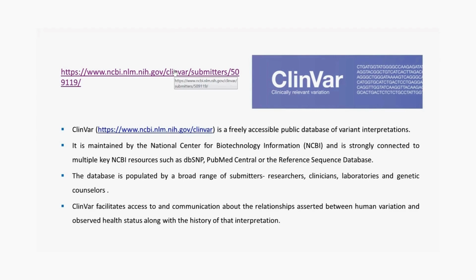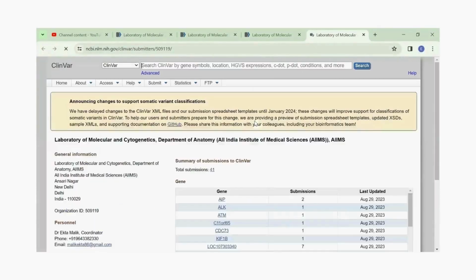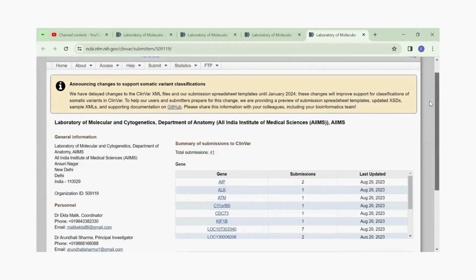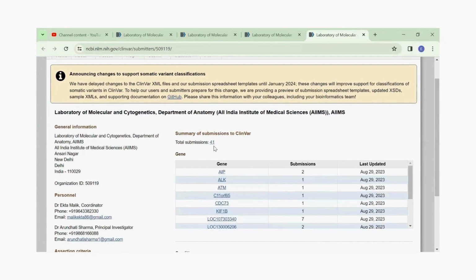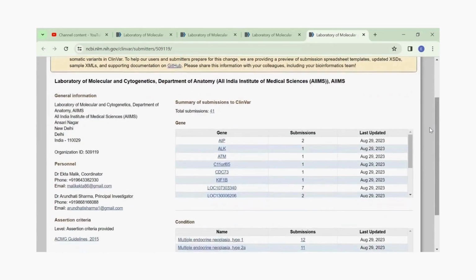Let me show you the variants which I have submitted in ClinVar. Okay, in total, I have submitted 41 variants which I have found in my research along with their health status and interpretation.